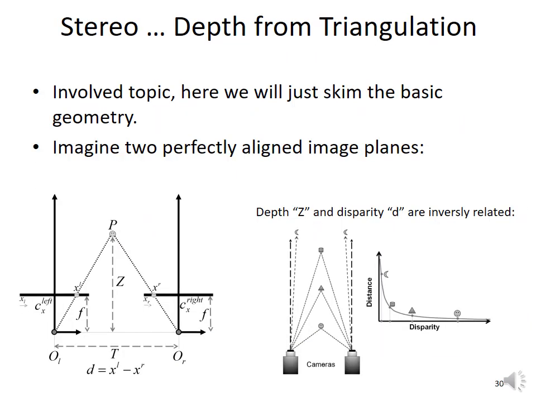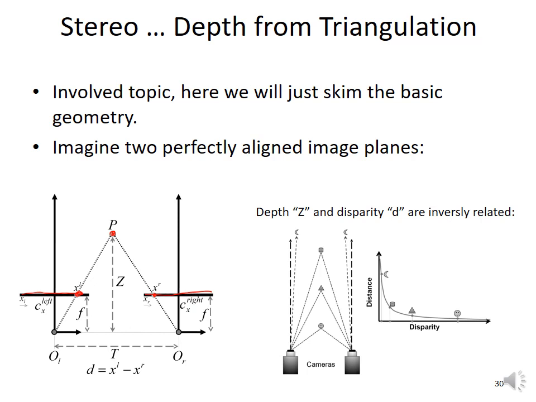Stereo cameras are used to get depth information from images. Suppose there are two perfectly aligned camera image planes, this one and this one, and we get the image of a point P. This is point P, this is the image on the left camera, and this is the image on the right camera.